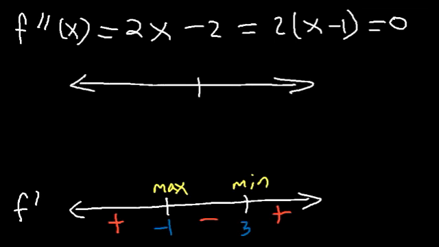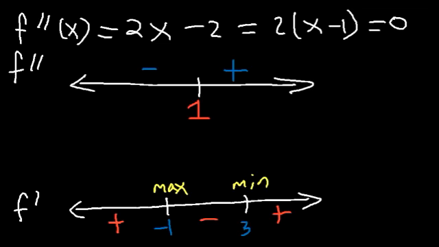So let's put 1 on the number line. If we plug in a 2 into the second derivative, 2 minus 1 is positive, so the second derivative will be positive. If we plug in 0, a number to the left of 1, 0 minus 1 is negative, so these are the signs for the second derivative.